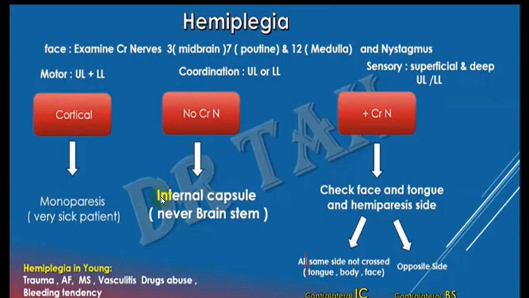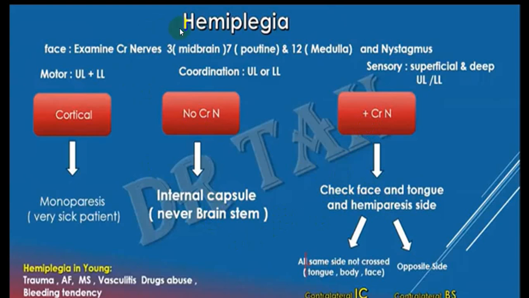Now, if you get damage in the internal capsule, usually you will come across upper limb and lower limb equally involved. So the internal capsule will always produce equal involvement, but no cranial nerve involvement is less likely to be in a brainstem lesion. And if there is a cranial nerve involvement, check for the face and the tongue and you will be able to differentiate.